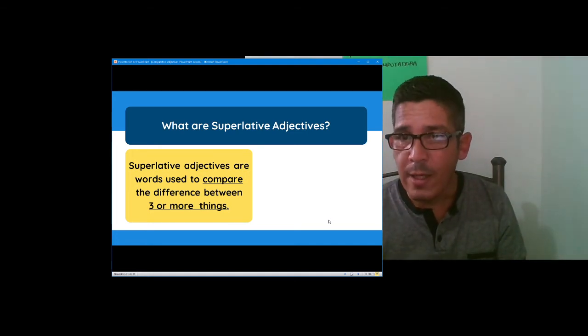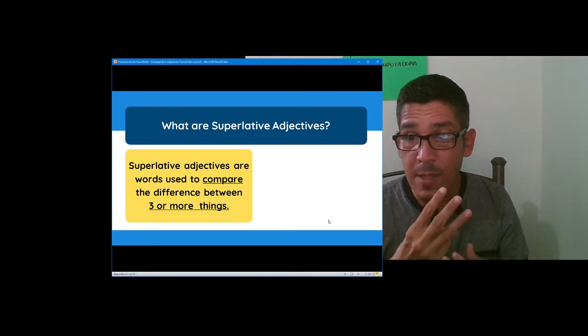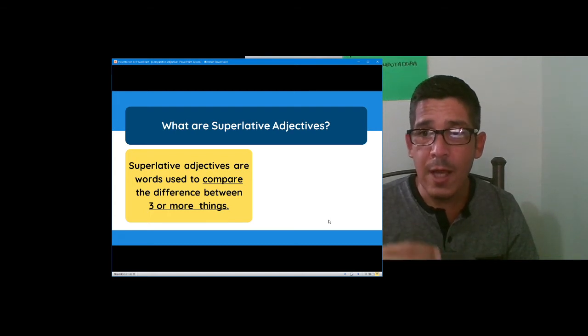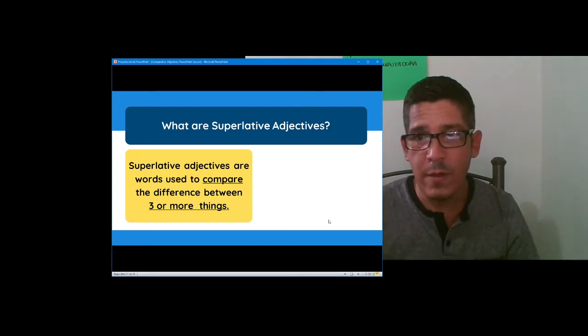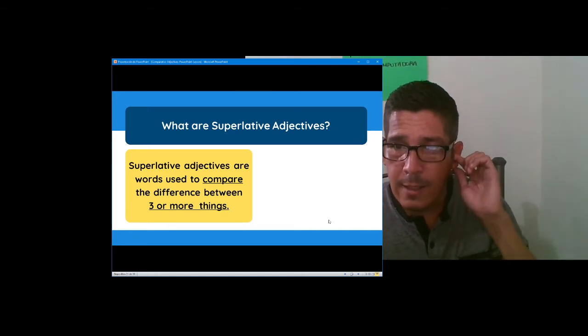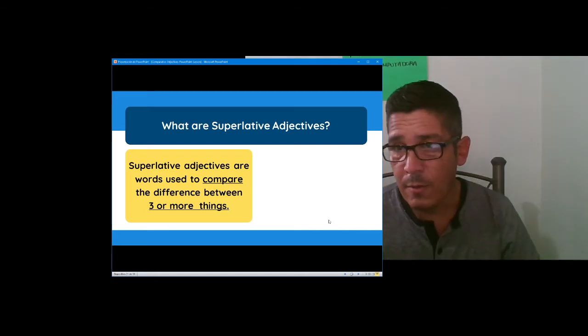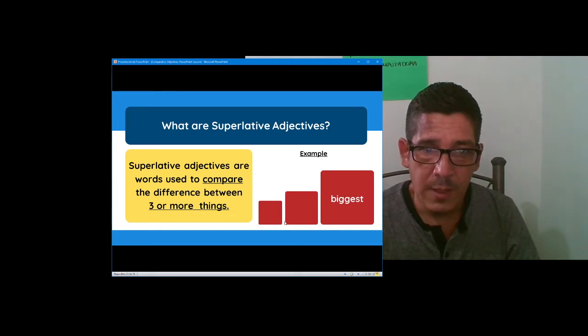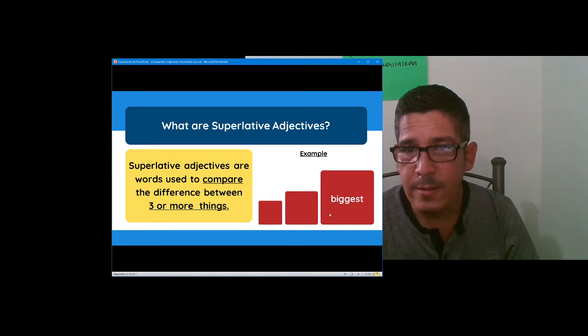So you are making a comparison between three people. The teacher Danny is the tallest of the three. El teacher Daniel es el más alto de los tres. Okay? So you say, in this case, big, bigger, and biggest. Okay?